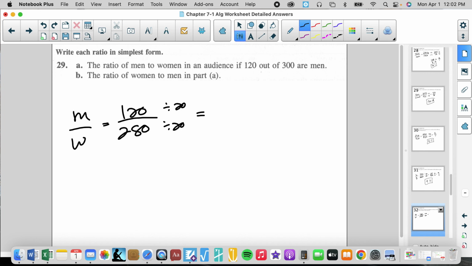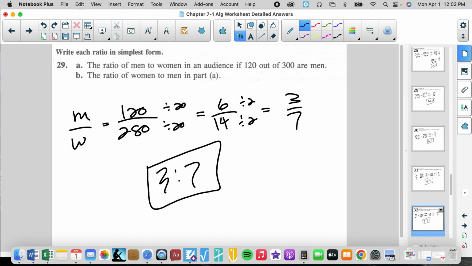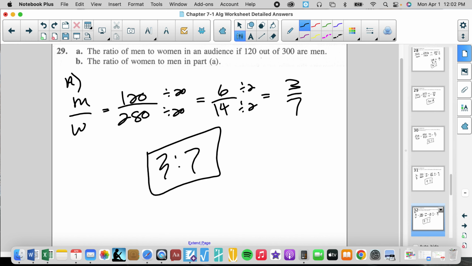And that's going to give me 6 over 14, which can be reduced by 2, which gives us 3/7. So 3 to 7 in men to women. The ratio of women to men in part A. Well, that's A. So women to men would just be 7 to 3.